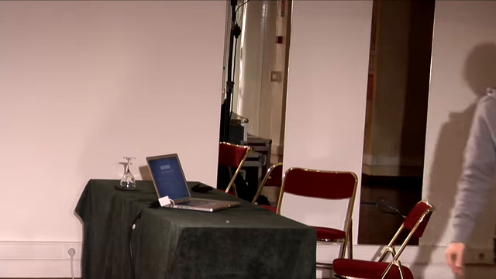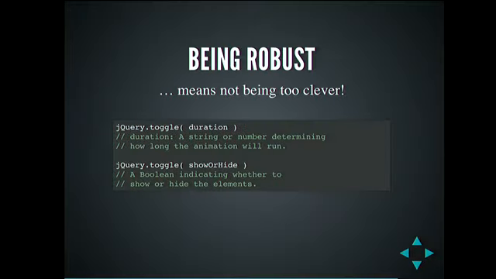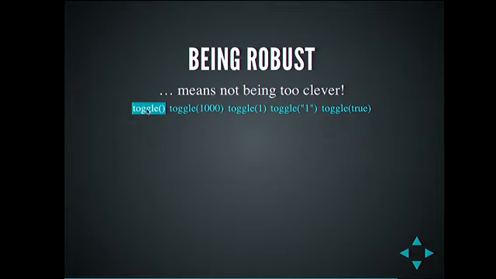So we can be given an integer, a string, a boolean, and we can decide what to do in each case. Now, jQuery has a toggle function, which pretty much shows and hides an element.